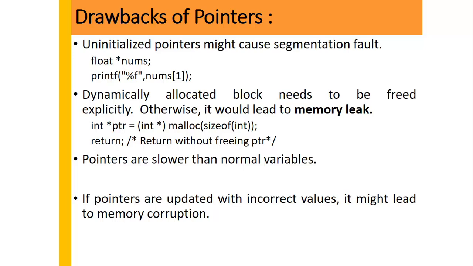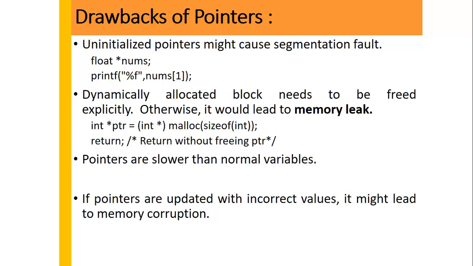But in the case of malloc or any function allocating memory dynamically, we need to free it explicitly. If you don't, the memory will never return to the free pool, and it will cause an error called a memory leak. For example, int *ptr: we allocate some memory and then return from the function, ending it without freeing ptr. That could lead to the memory leak problem.